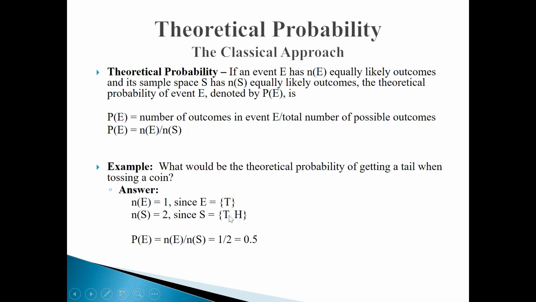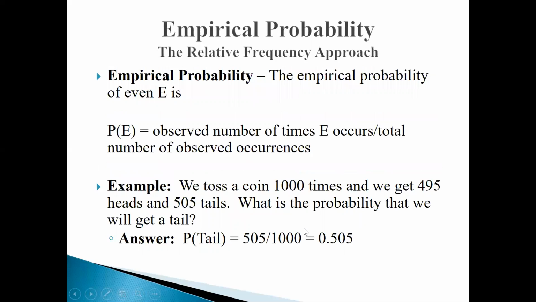So there are 2 possible ways when you toss the coin. We're only looking at the event with the T, and so we divide those. N of E is 1, N of S is 2, so 1 divided by 2 is 0.5. It's also okay to write it as a fraction, as long as, again, that number is between 0 and 1.